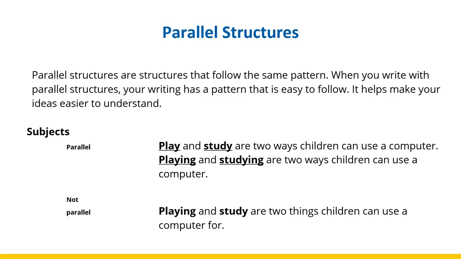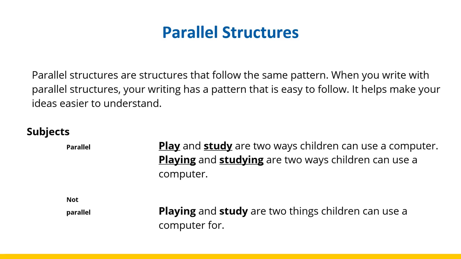And the next sentence after that is not parallel. You'll understand shortly why. Here we have: playing and study are two things children can use a computer for. As you see, the first word, playing, has the ing ending, and the second one, study, does not. So it's not a parallel sentence in this case.